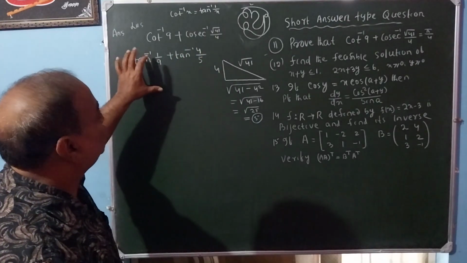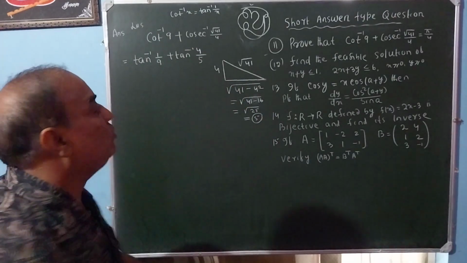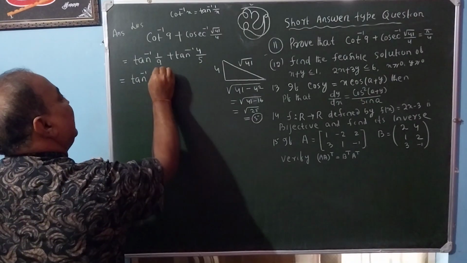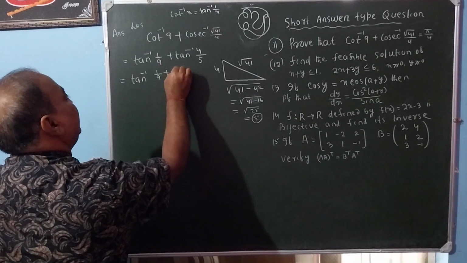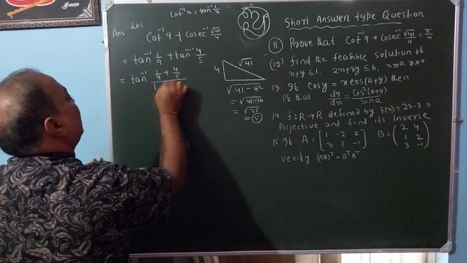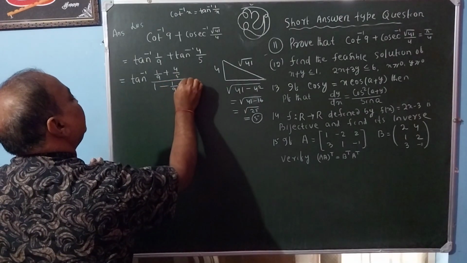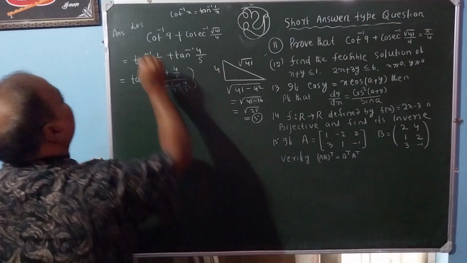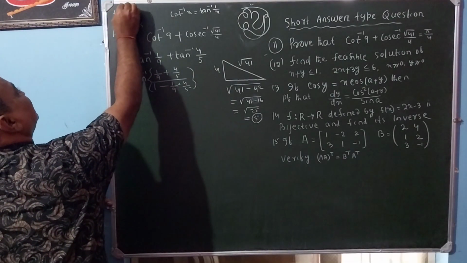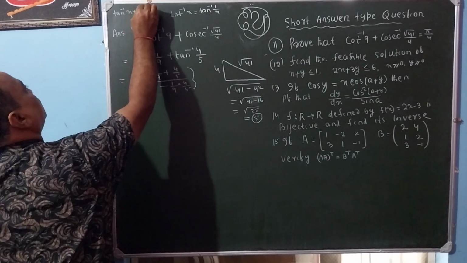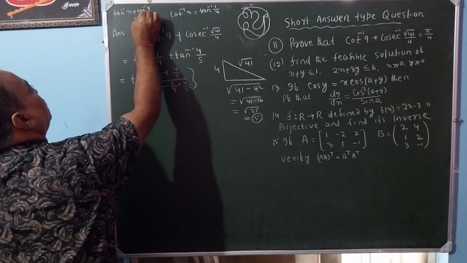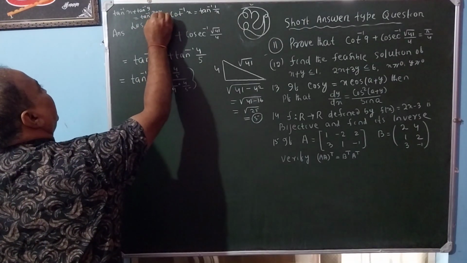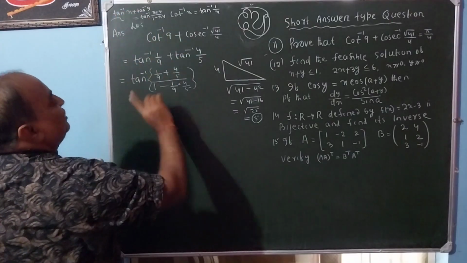Now we have to use tan inverse x plus tan inverse y. What is the formula? Write down: tan inverse x plus tan inverse y is equal to tan inverse of x plus y divided by 1 minus xy. Apply this formula.